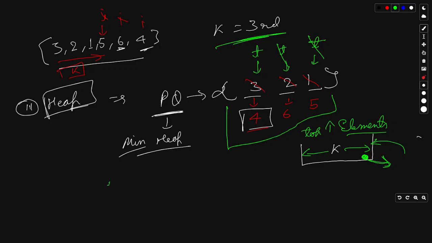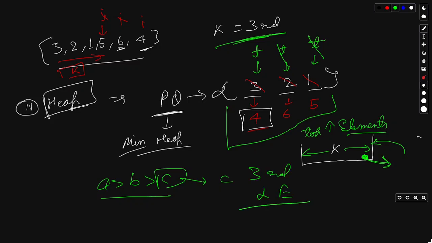Since a, b and c are the largest within this array, and if a is greater than b and b is greater than c, then it is logical to say that c is the third largest element.